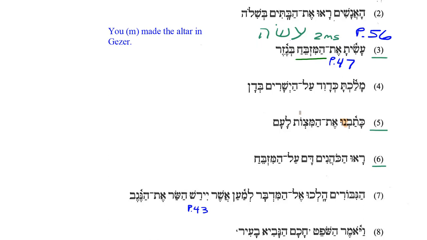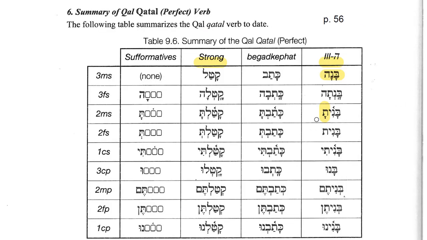That's one diagnostic of a qatal of the first common plural. Let's go over and look at our chart. So we're looking for, actually it's using the same root as our table here, so katav, and here is katavnu. That's way down there at the bottom, and that's our first common plural, our we.